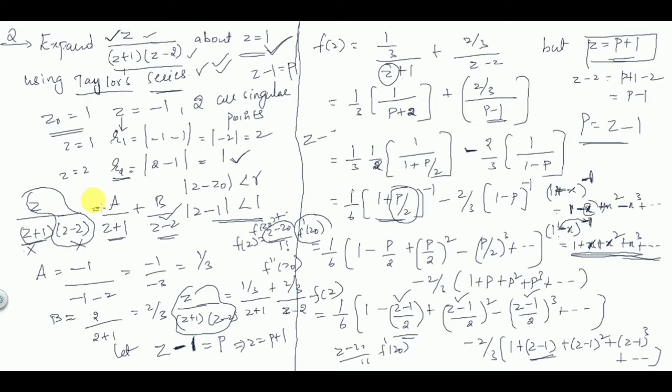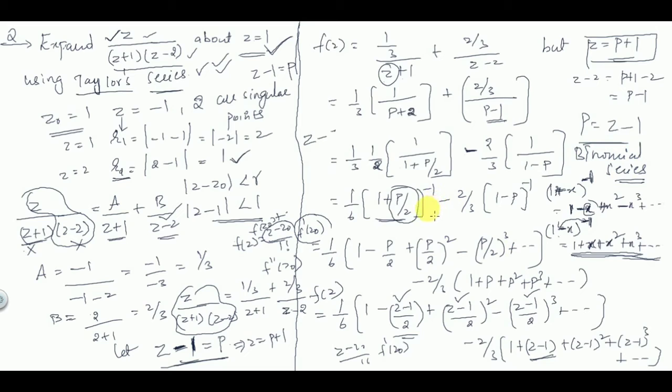In my previous video I have explained 2 examples where you have solved using the formula of Taylor series. But when f of z is given like this, like polynomials in z in numerator and denominator, you have to find the partial fractions and just take this as the reference. So if you are expanding about z is equal to 1, take z - 1 is equal to p and just take the partial fractions and solve this using the binomial series expansion.